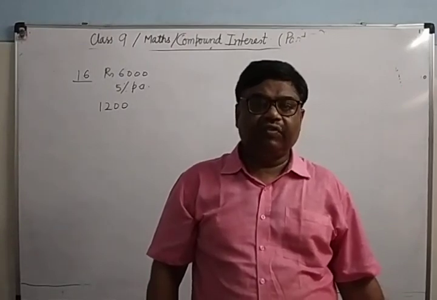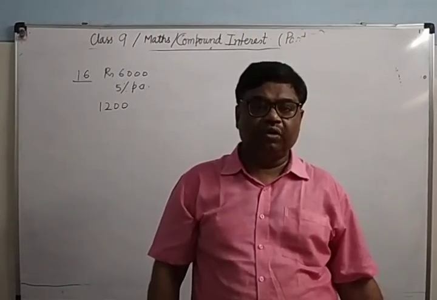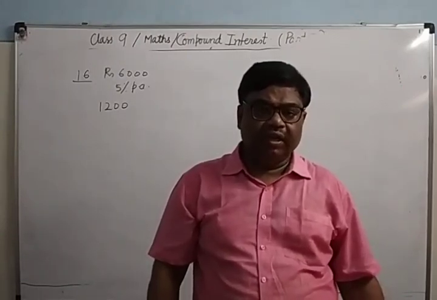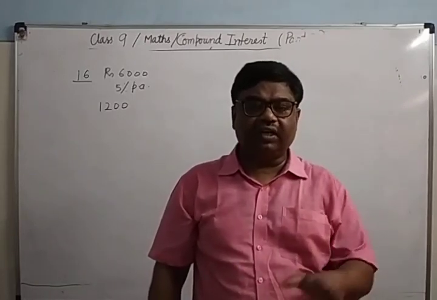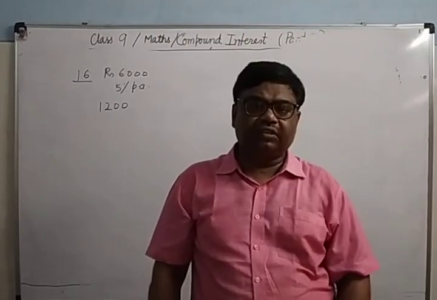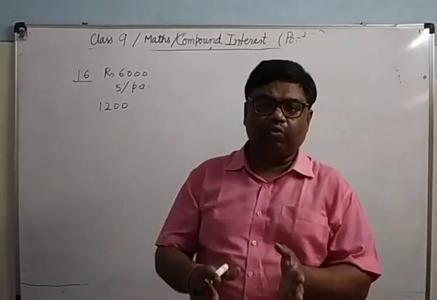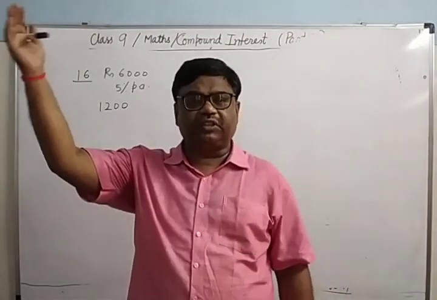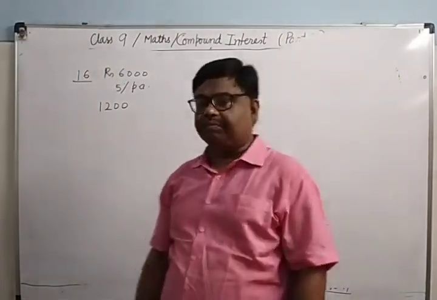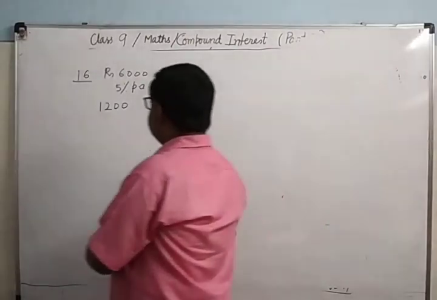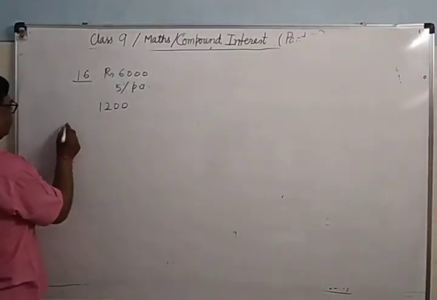Means we have to find A2. It's clear? When you calculate A2, you subtract 1,200. Amount at the end of second year you calculate, subtract 1,200. तो जो बचा हुआ amount होगा that will become the principal for the third year. So here you do. First you find out I1.